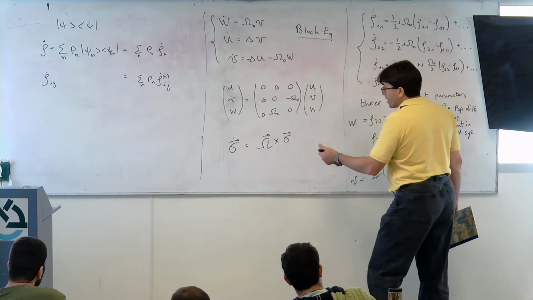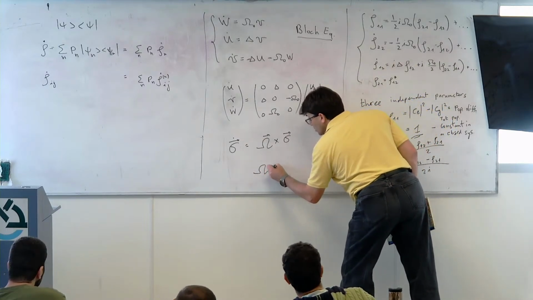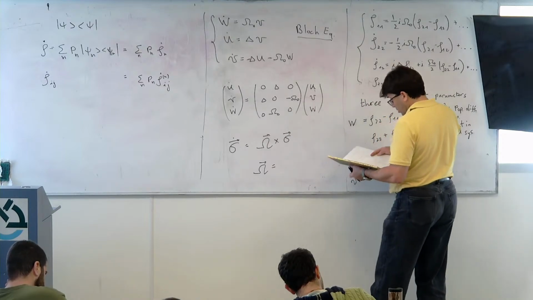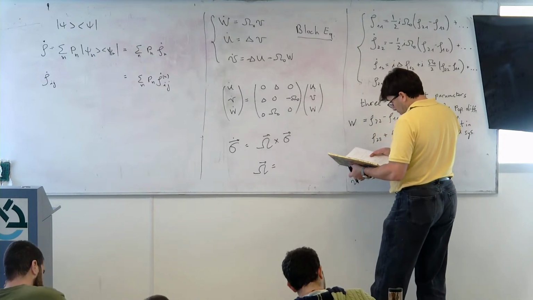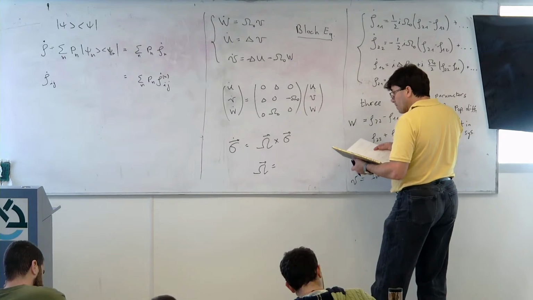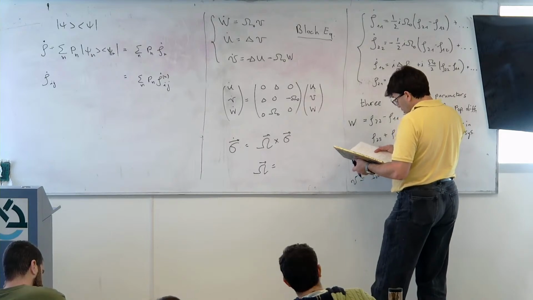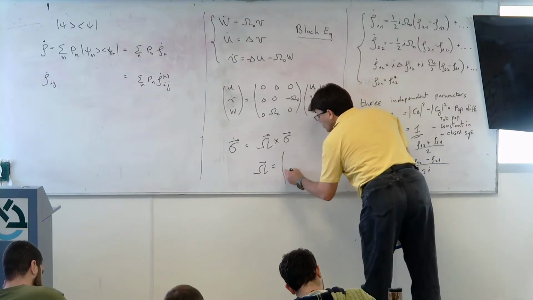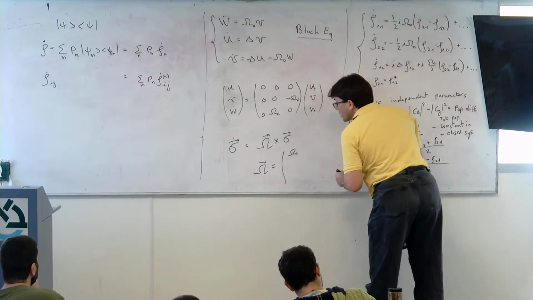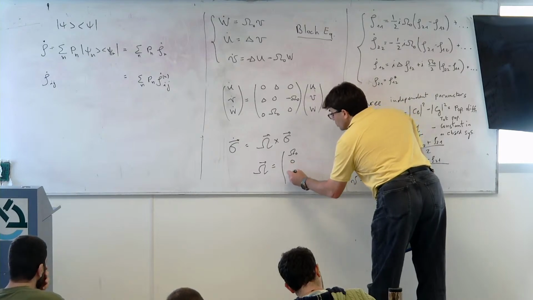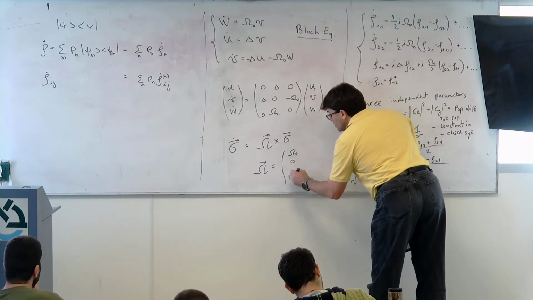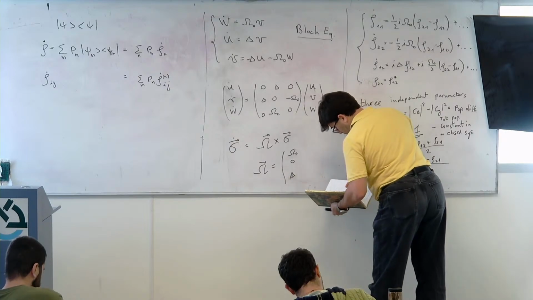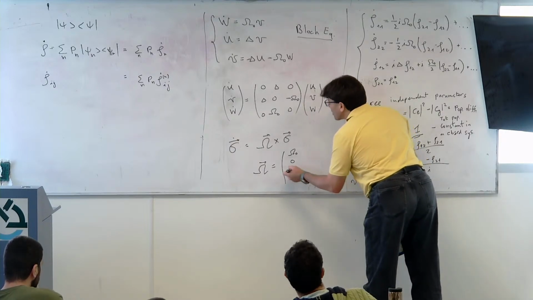And this omega vector, what is it? It is omega 0, 0, detuning. Detuning minus detuning, I think. Yeah.